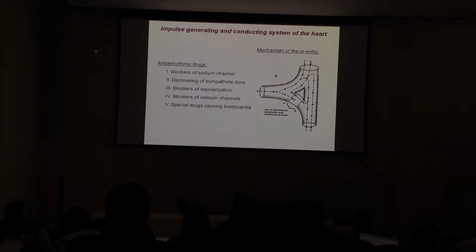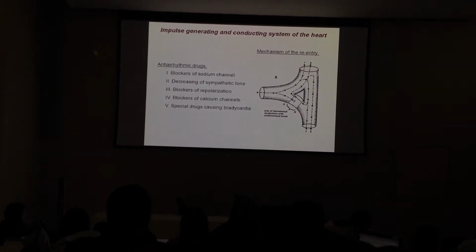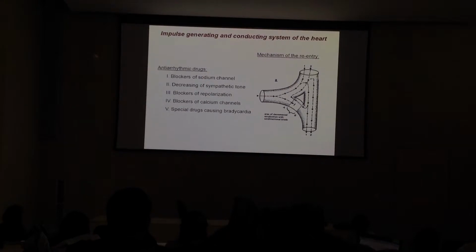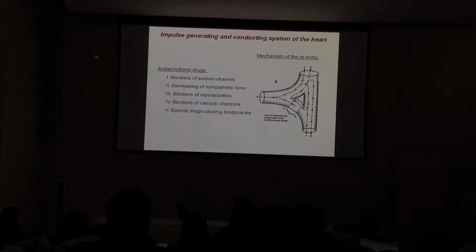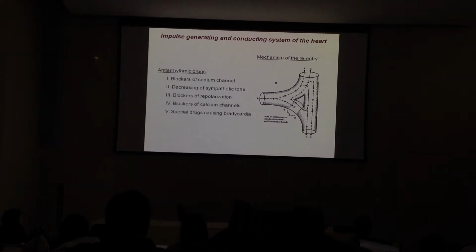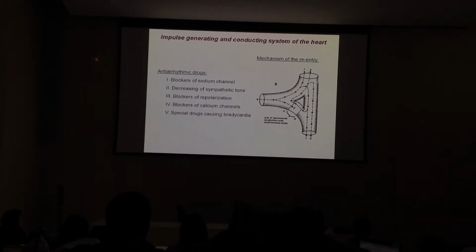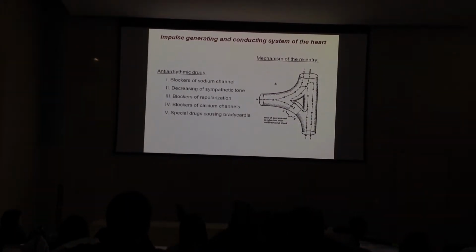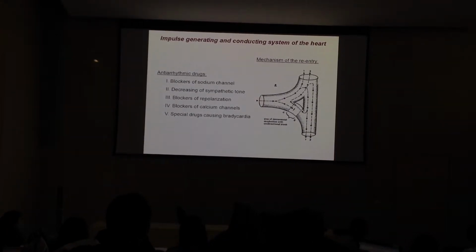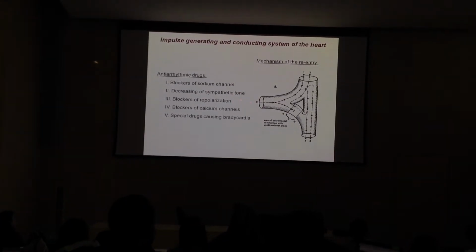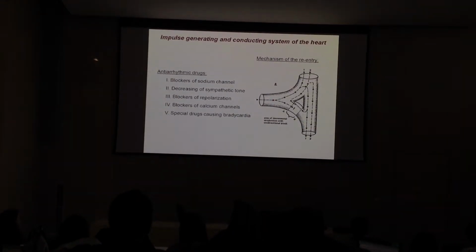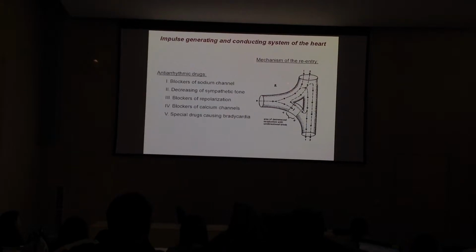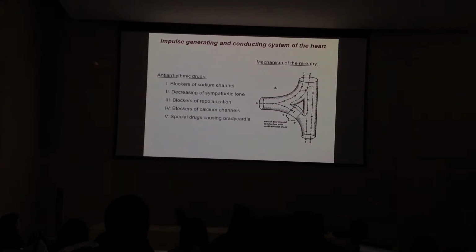You can imagine that there is a funny shape of the structure. For example, there is a certain possibility for an action potential to go around, because there is connective tissue and there is excitable muscle cell. In normal cases, what happens? One action potential appears at the input and will leave at the output.